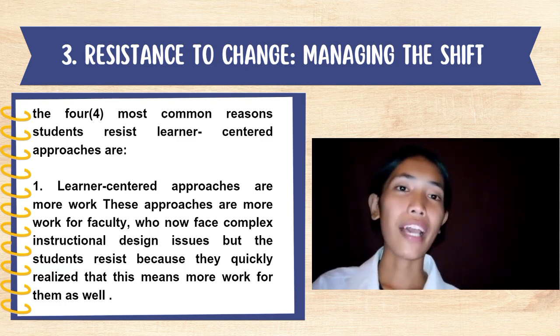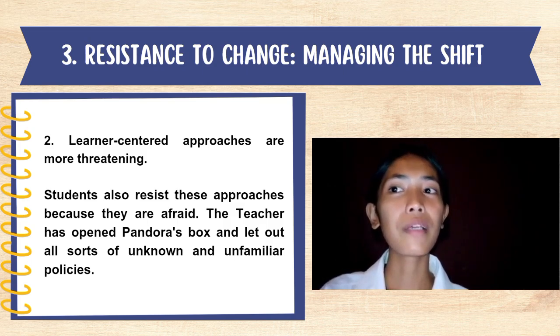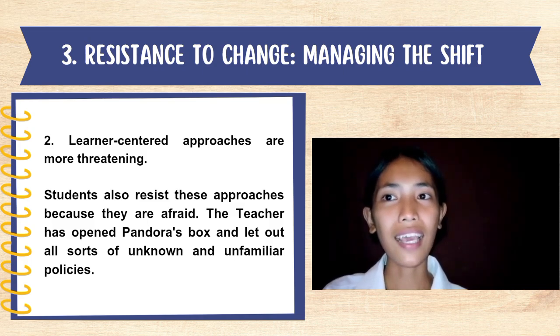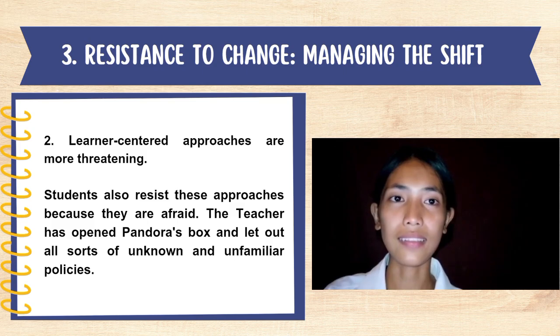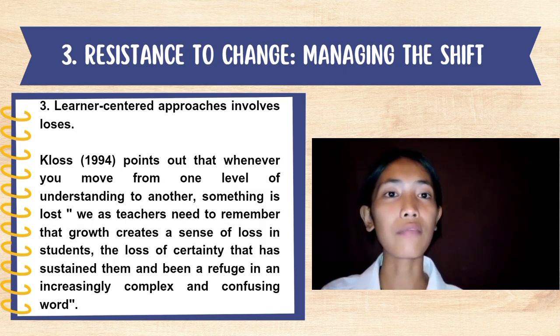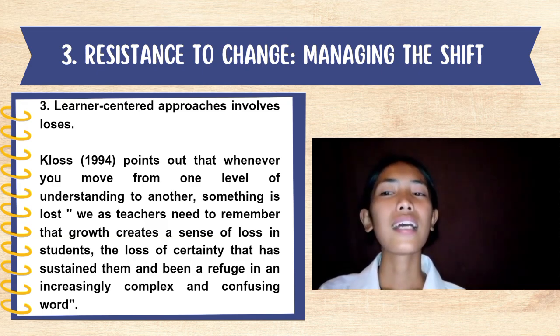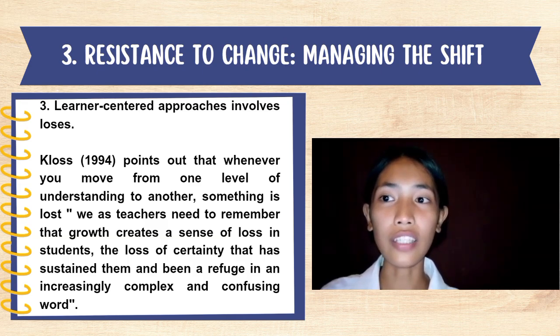So number 2, we have learner-centered approaches are more threatening. Students also resist these approaches because they are afraid the teacher has opened Pandora's box and let out all sorts of unknown and unfamiliar policies. So number 3, we have learner-centered approaches involve losses. Clause 1994 points out that whenever you move from one level of understanding to another, something is lost.